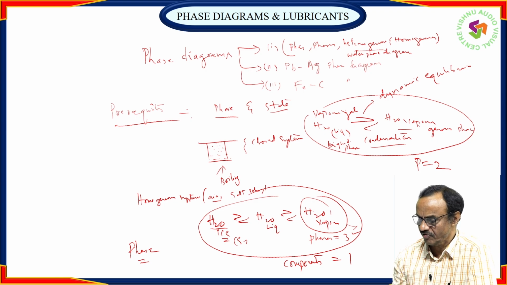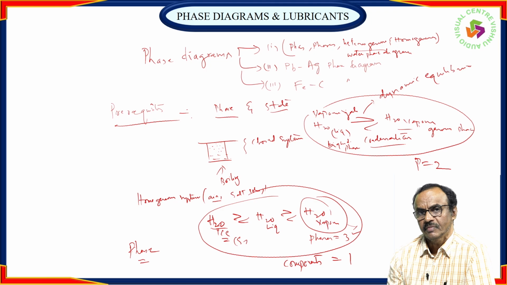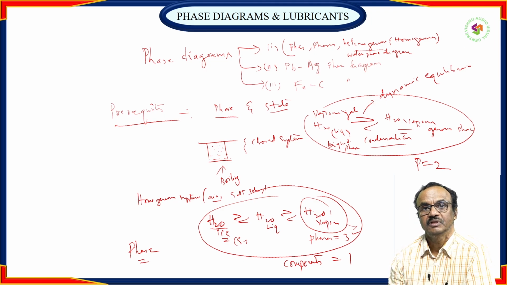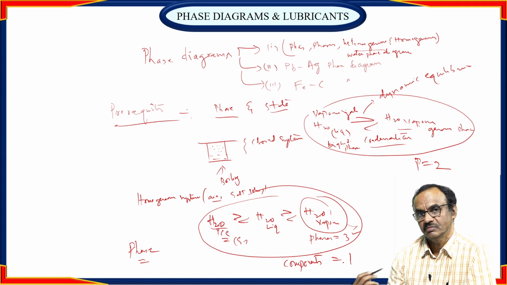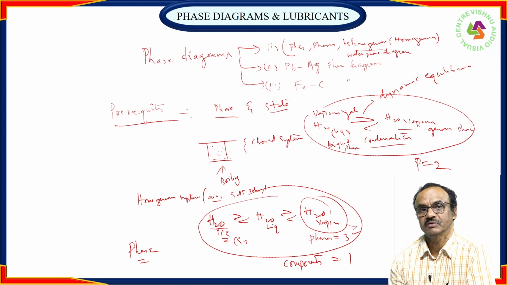Component is the minimum number of constituents required to define the composition of each phase. The smallest number of chemical constituents required to express the composition of each phase of the system, right?